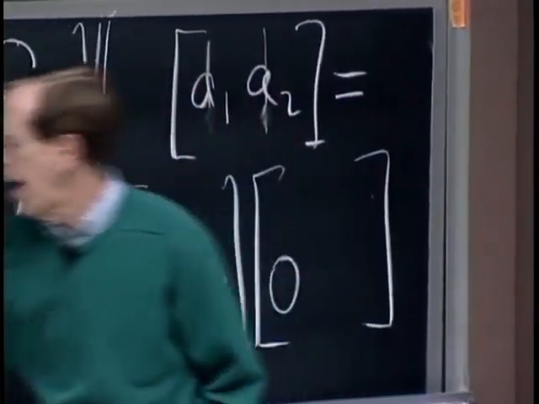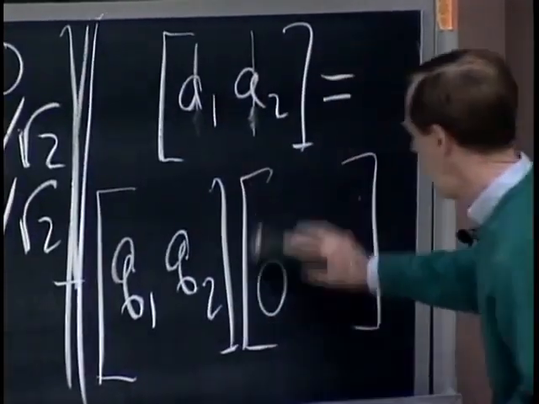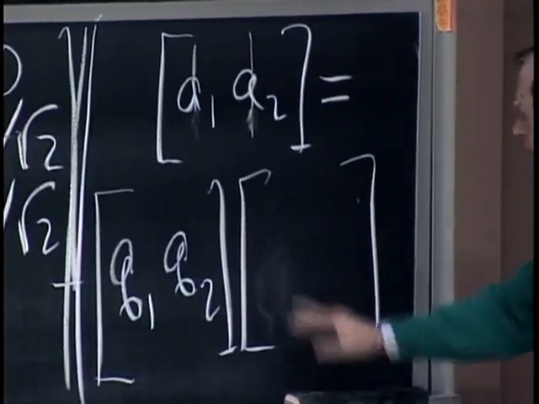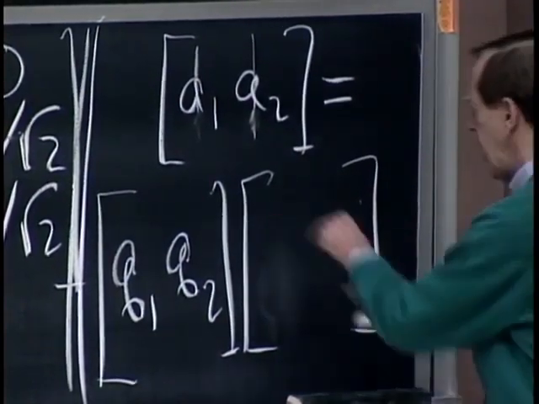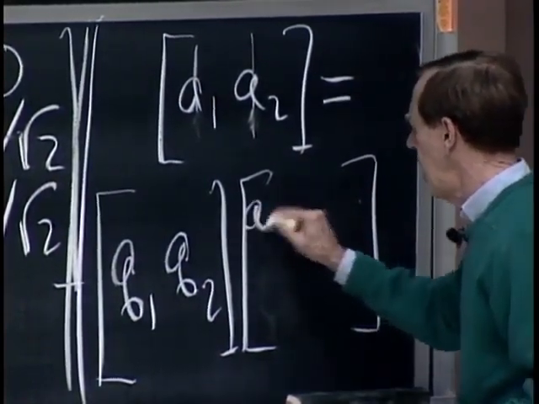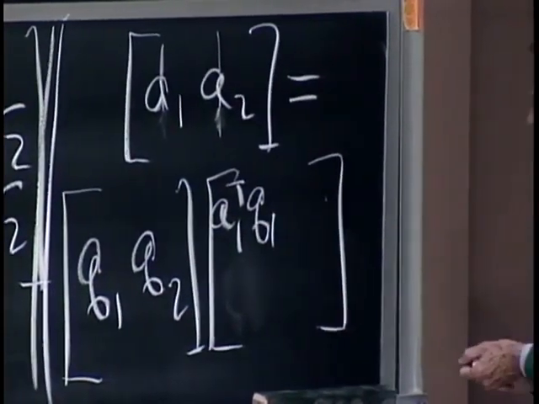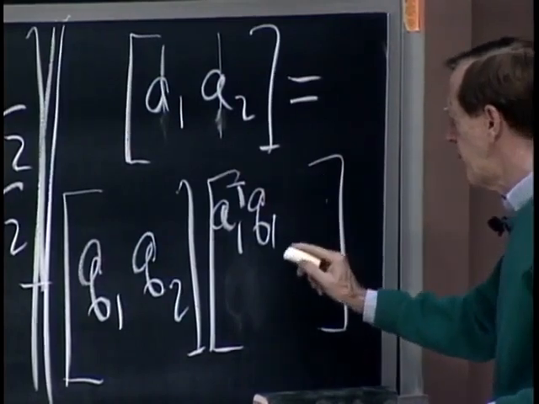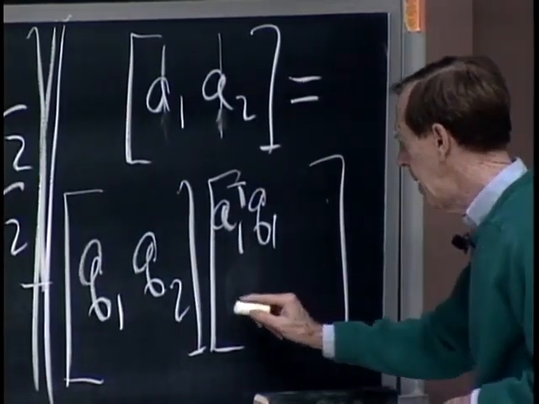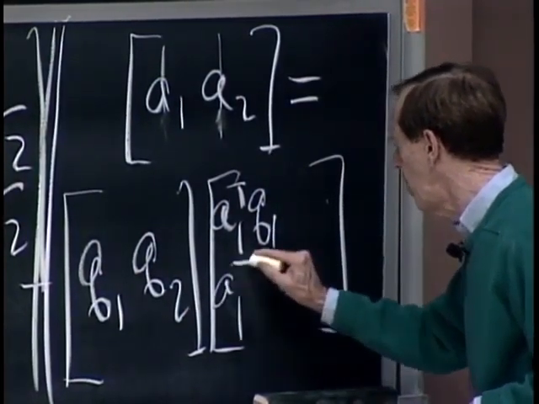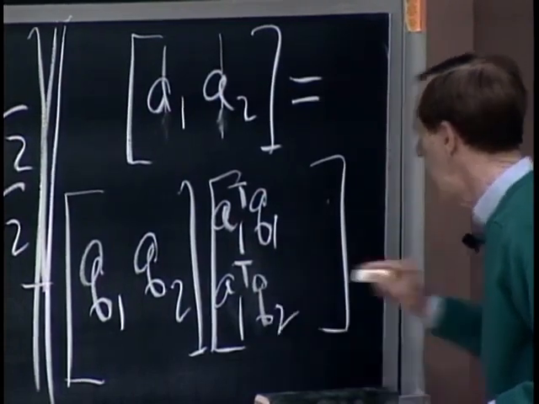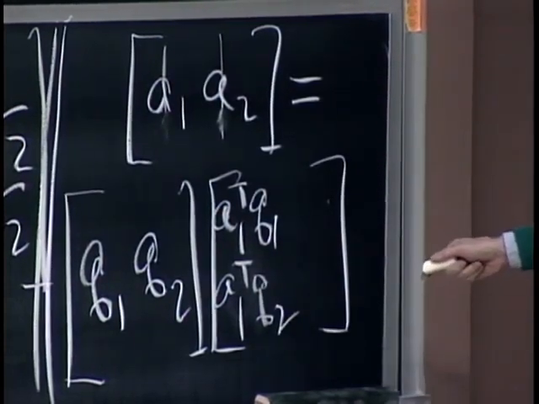We could see why. Let me see. I can put in general formulas for what these are. This, I think, in here should be the inner product of A1 with Q1. And this one should be the inner product of A1 with Q2. And that's what I believe is 0.